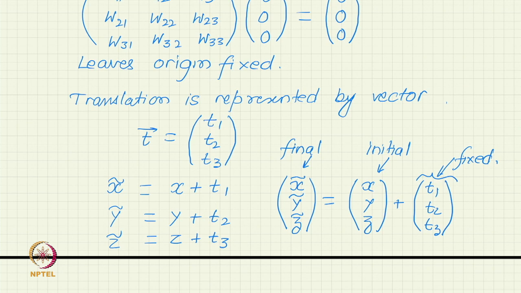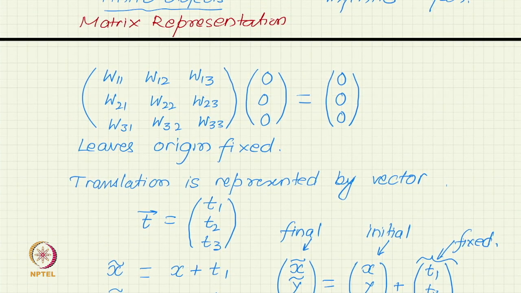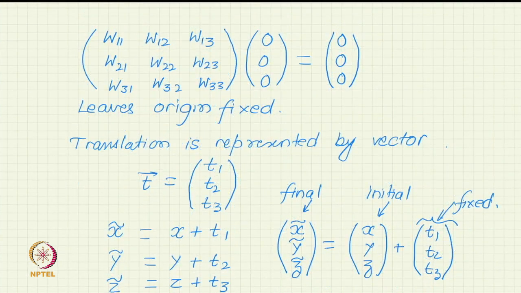For the most general representation, there is another limitation of matrix, and that is that the origin has to be a fixed point.